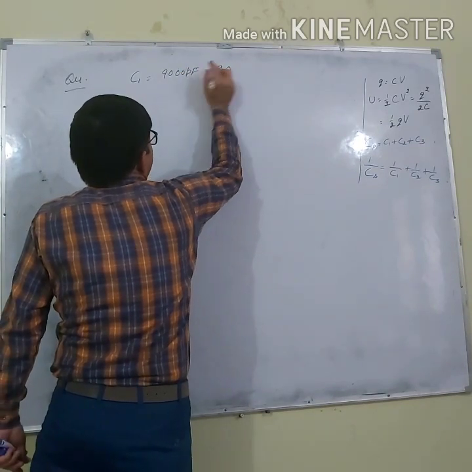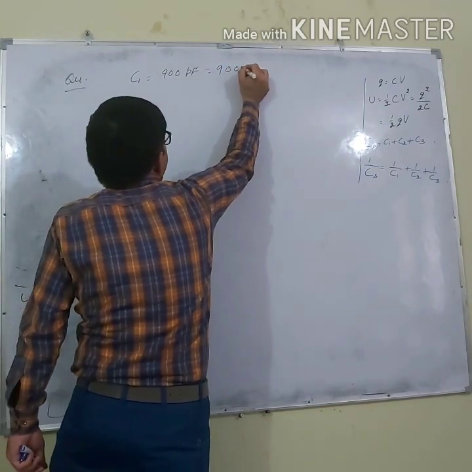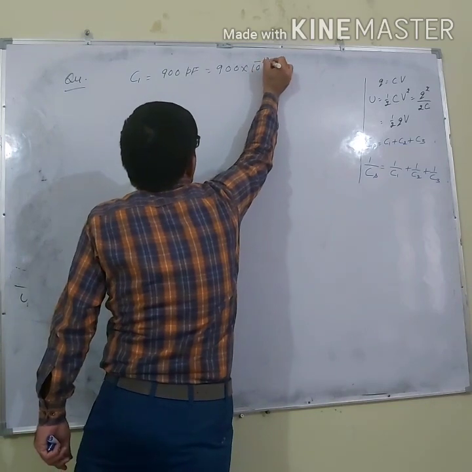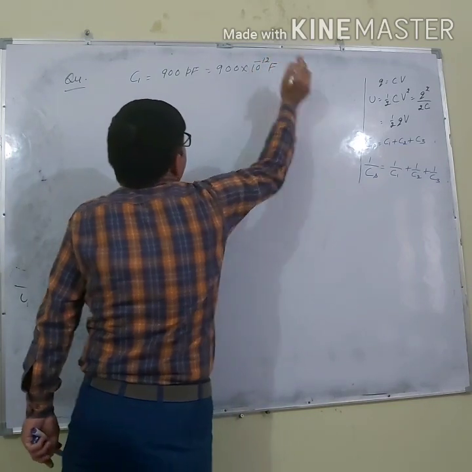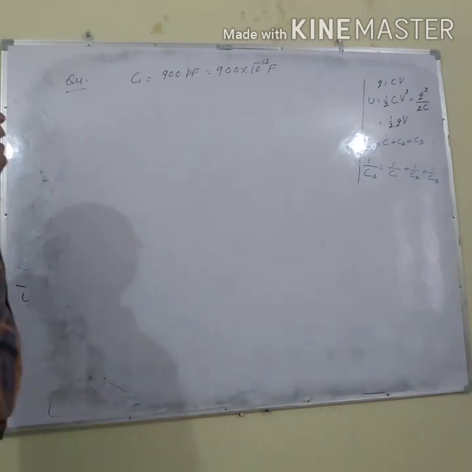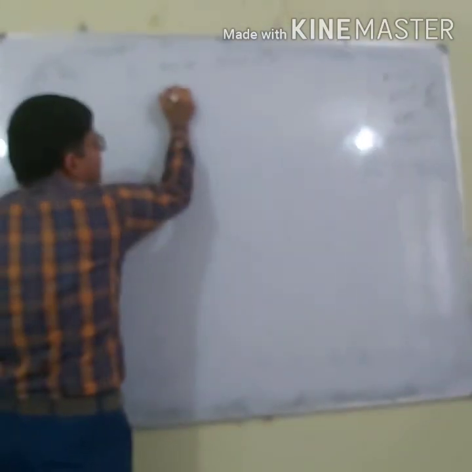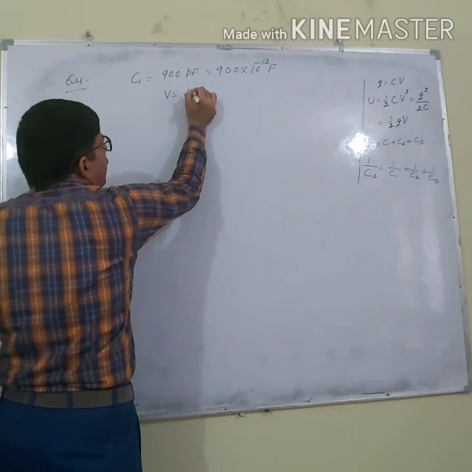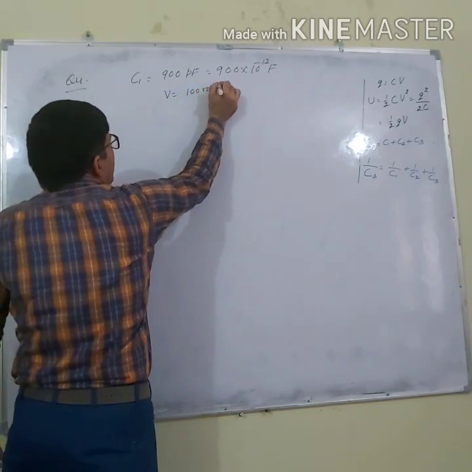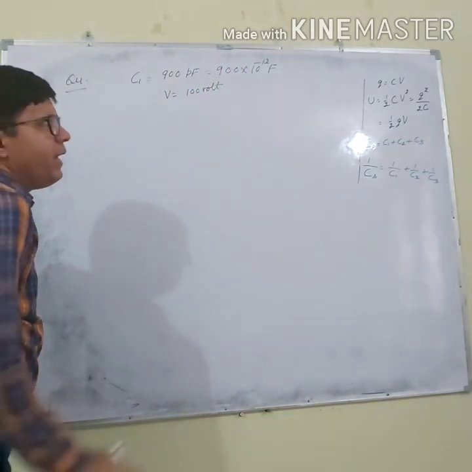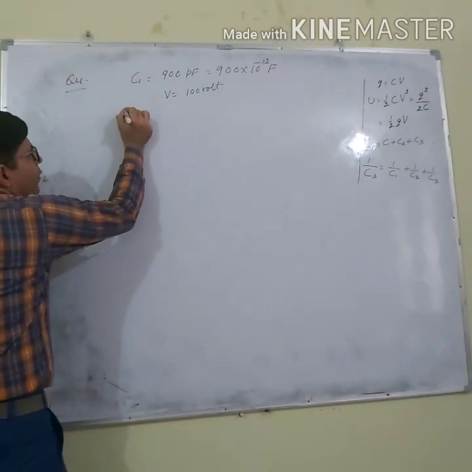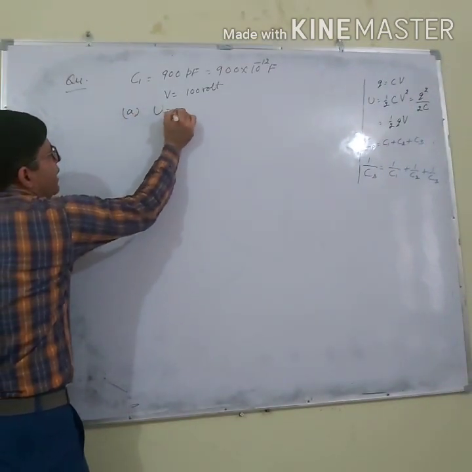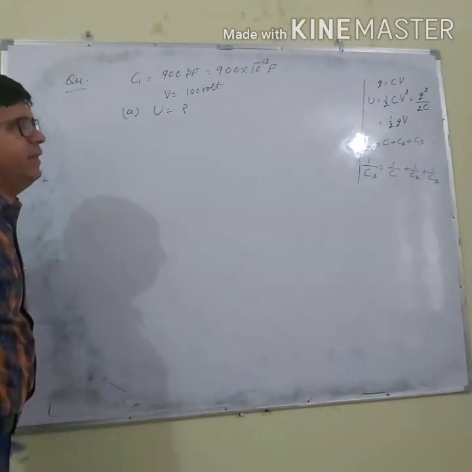So 900 into 10 to the power minus 12 farad capacitor I am given. And this capacitor is charged to a potential of 100 volt. Right? What I have to calculate is its potential energy.